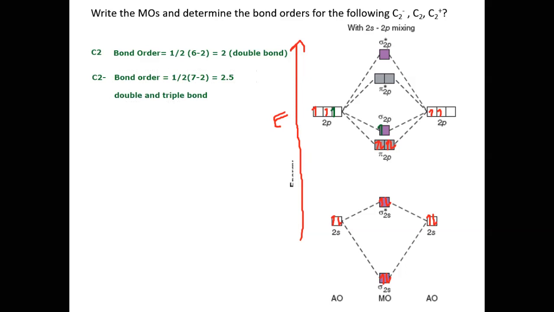Next we have C2 2 plus. So first I'm going to remove the extra electron I added so we get back to C2. Now for C2 plus, we've got to remove one electron. It doesn't matter which electron you remove, but remove one.